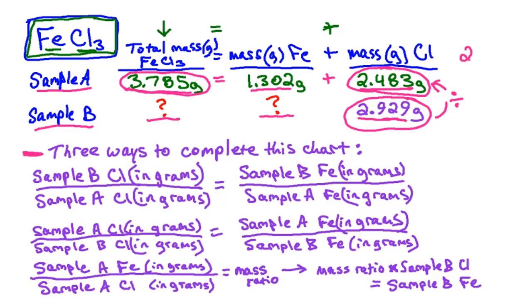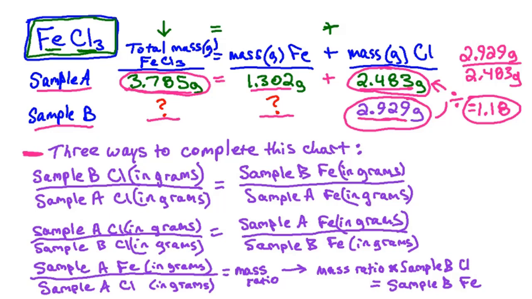So 2.929 grams divided by 2.483 grams, we're going to get 1.18. So if you take sample B's chlorine, 2.929, divide it by sample A's chlorine, 2.483, you get a factor of 1.18.